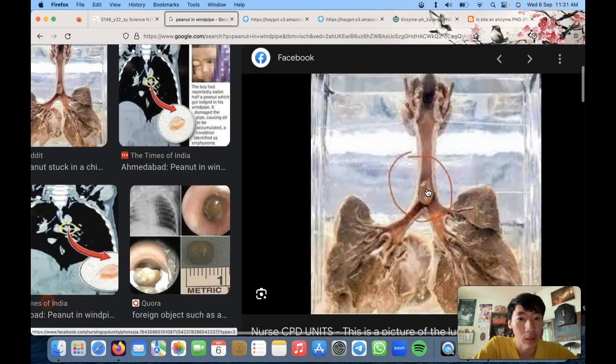So what happens when the food enters into your windpipe? That's where it gets dangerous. This food will prevent air from entering into your lungs, and it also prevents air from exiting your lungs. So you are not able to inhale, and you're not able to exhale.